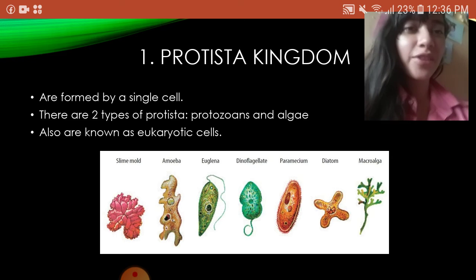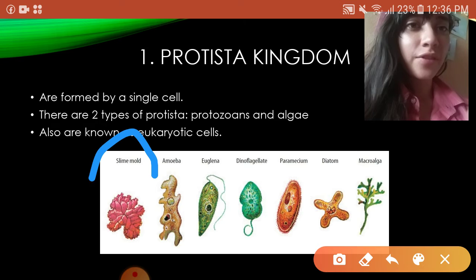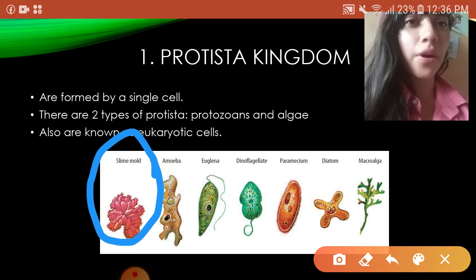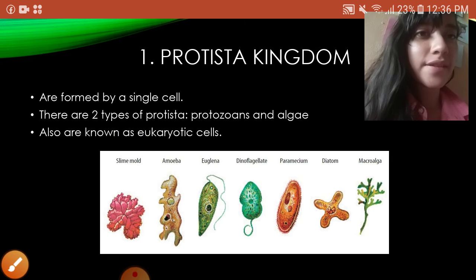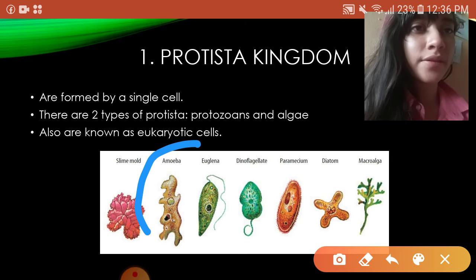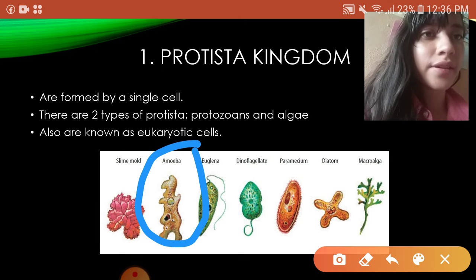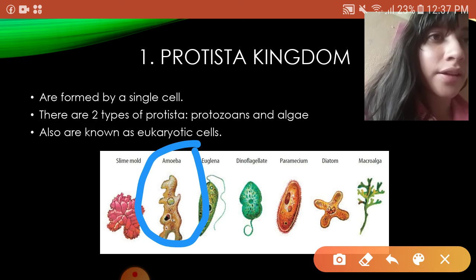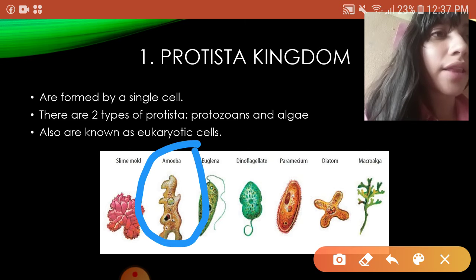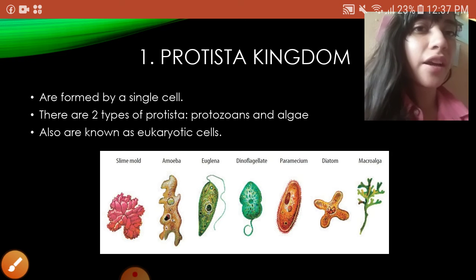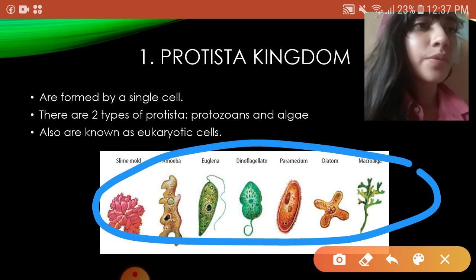We can see here, for example, the first one, slime mold, then Amoeba, Euglena, Dinoflagellate, Paramecium, Diatom, and Macroalga. These are types of Protista.